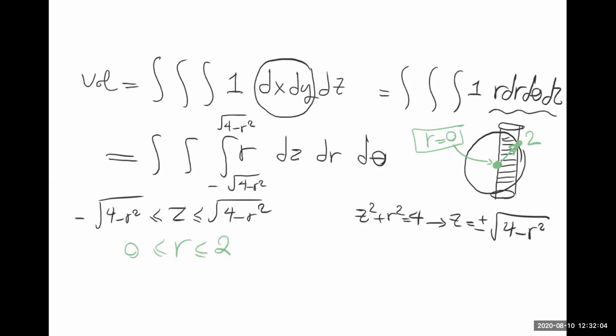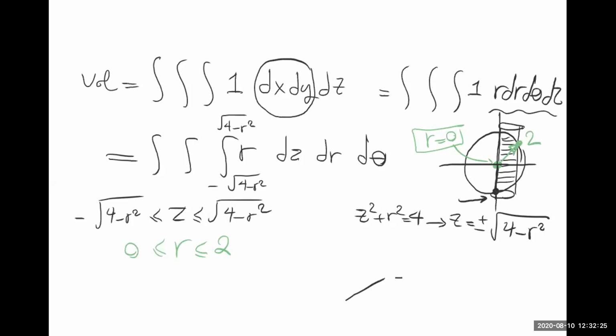What about theta? How can we find the bounds for theta? Well, what is theta here? Look at this plane. Can anyone tell me what theta is there? The angle. How does the angle change?